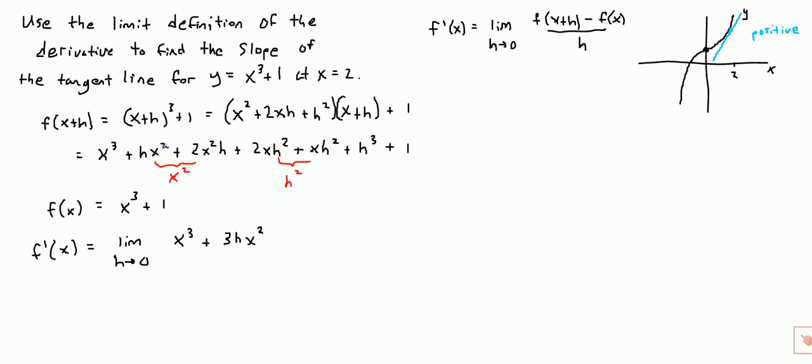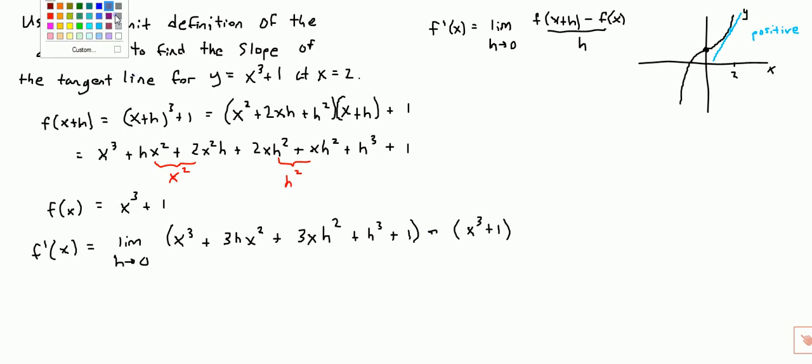They both have an x squared, so 2h plus h is 3h, right? And these, they both have an h squared, so that's 3xh squared plus h cubed plus 1. That is the f of x plus h term, minus x cubed plus 1.